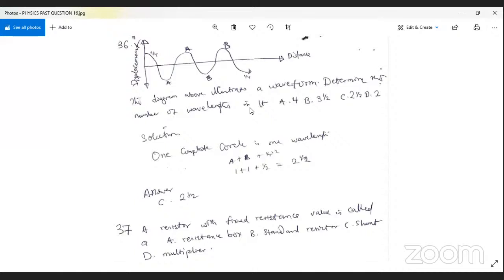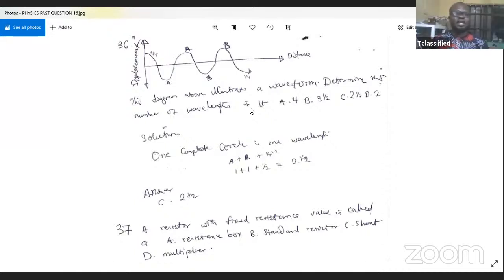Okay, 36. The diagram above illustrates a waveform. Determine the number of wavelengths in it. Option A, 4, B, 3.5, C, 2.5, D, 2. Solution: one complete circle is one wavelength. So if you consider this from here and here, this is 1, 2.